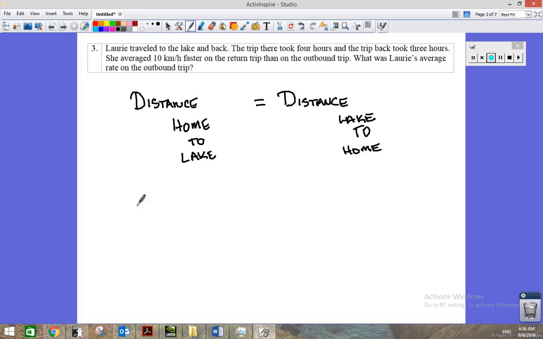Now, distance is equal to rate times time. On the left-hand side, we're looking for information when you're going to the lake.